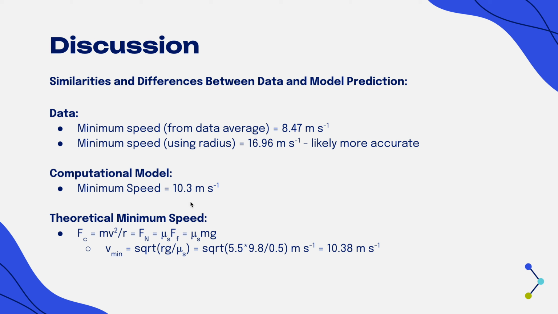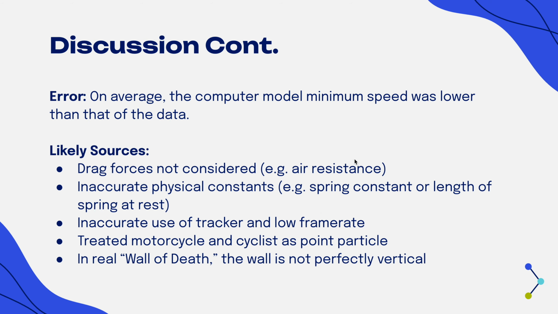I also calculated a theoretical minimum speed by setting the centripetal force equal to the normal force and solving for the minimum velocity, which was found to be around 10.4 meters per second. It's surprising how close the computer model was. It's interesting to note that the minimum speed for the data was much higher than that. The reason we think that is because drag forces weren't considered. So, air resistance: you would need a greater minimum speed to overcome that air resistance.